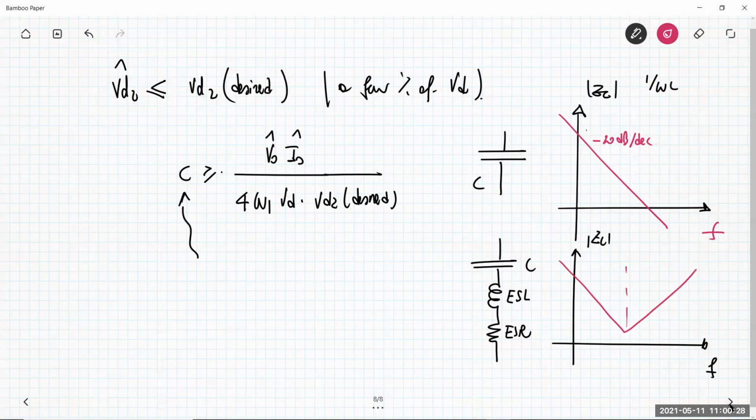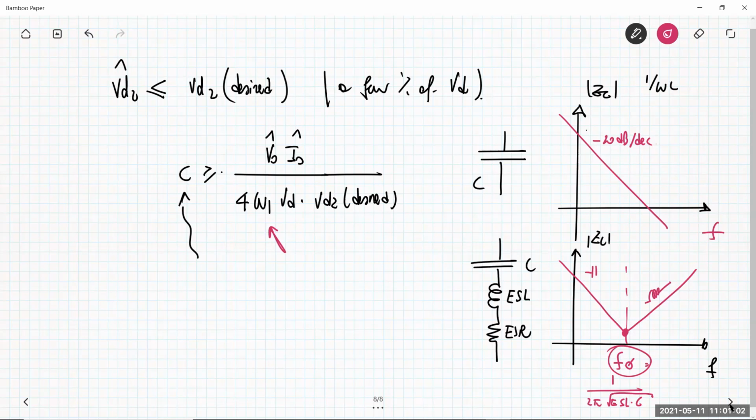So it acts like a capacitor just in this range, up to a frequency which is the resonant frequency, 1 over 2 pi square root of ESL multiplied by C. And then it acts like an inductance above this value. So it is important to understand that if this capacitor should work well up to this frequency here, my resonant frequency should be higher than omega 1.